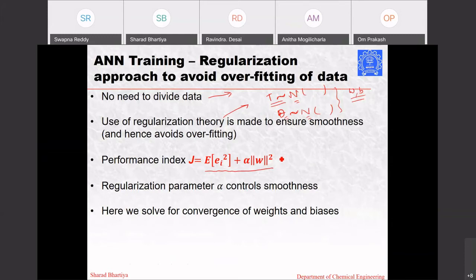This corresponds to a maximum a posteriori estimate of your weights and biases.